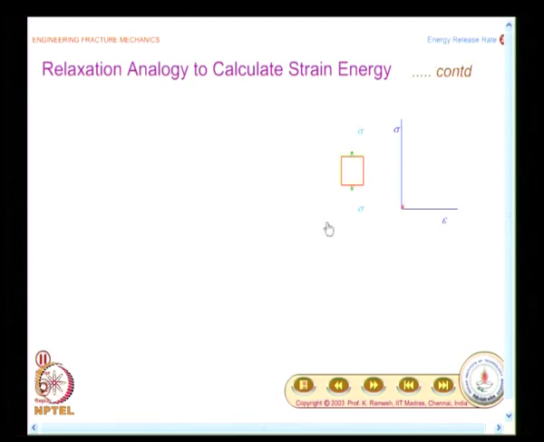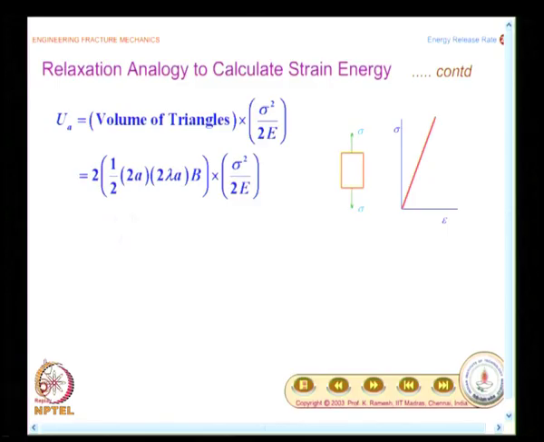We have already looked at the form of the strain energy in the earlier examples, sigma squared by 2 into Young's modulus.